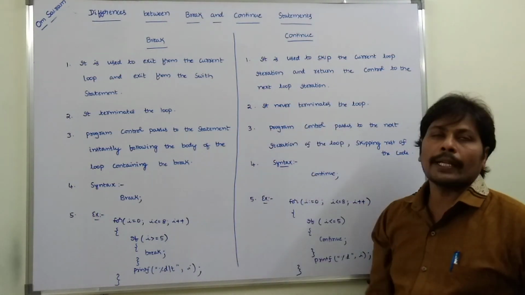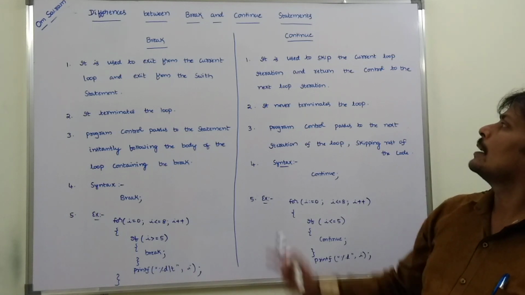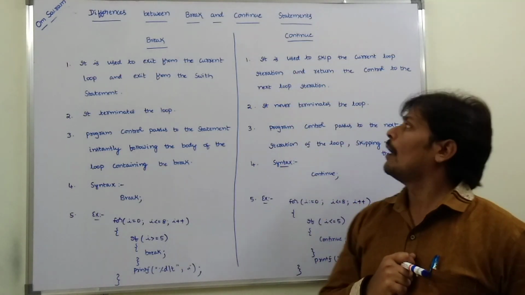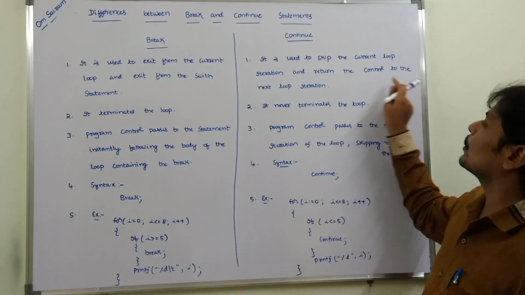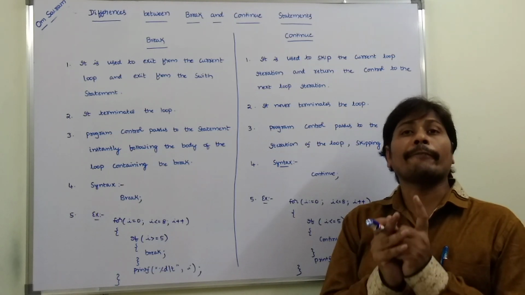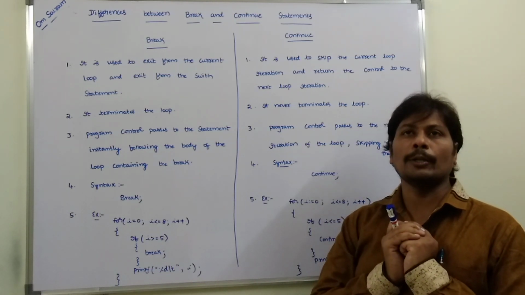Next, considering the continue statement, it is used to skip the current loop iteration and return the control to the next loop iteration. Suppose we are in the first iteration of the while loop.